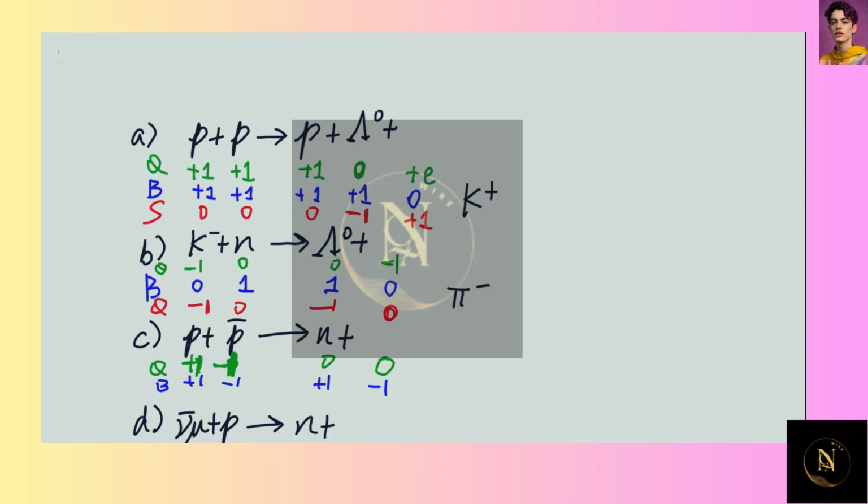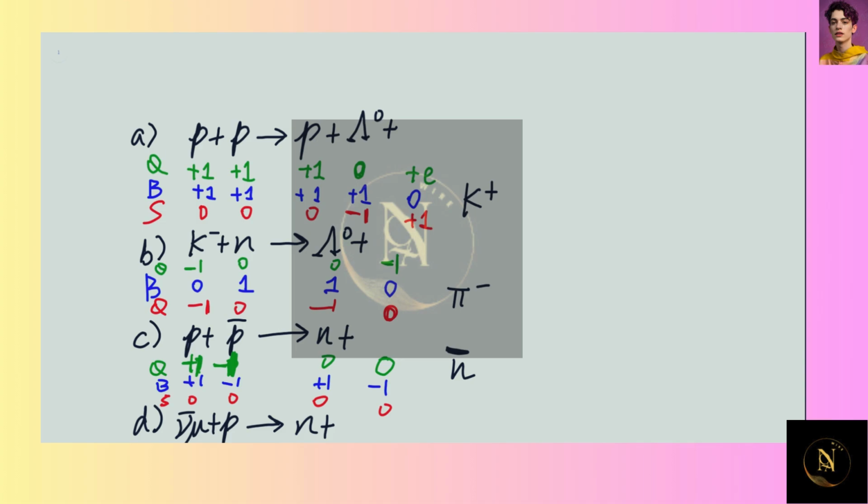Finally, the strangeness. Strangeness for everything is 0. So we have 0 charge, 0 strangeness, -1 baryon number. So this particle has to be anti-neutron, actually. It has to be an anti-neutron.